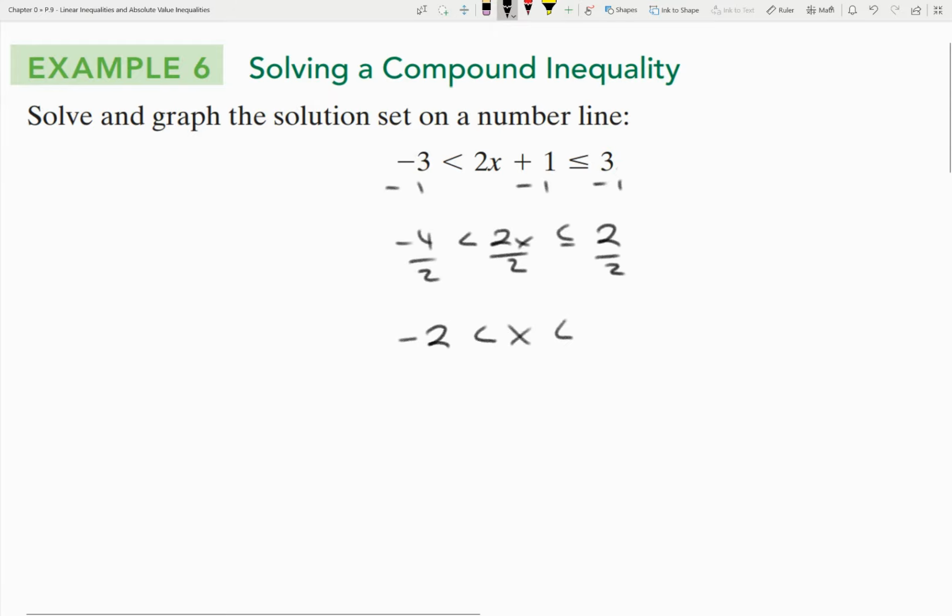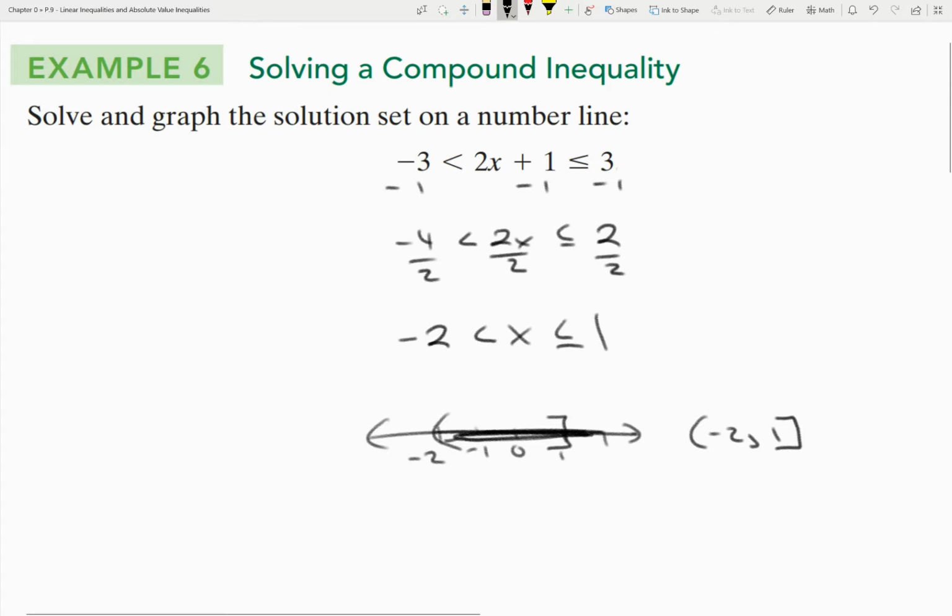To graph my solution, I have -2, -1, 0, 1, 2. We have a parenthesis there, a square bracket there, and we're saying that x is in between these two numbers. In interval notation, it goes from -2 to 1.